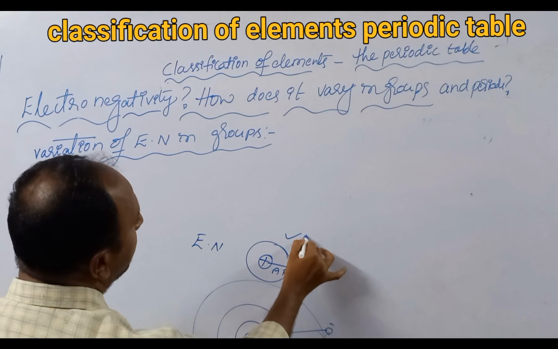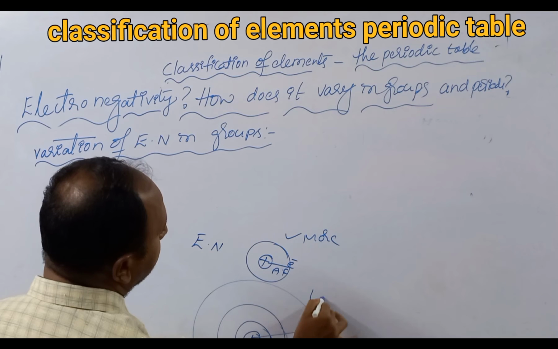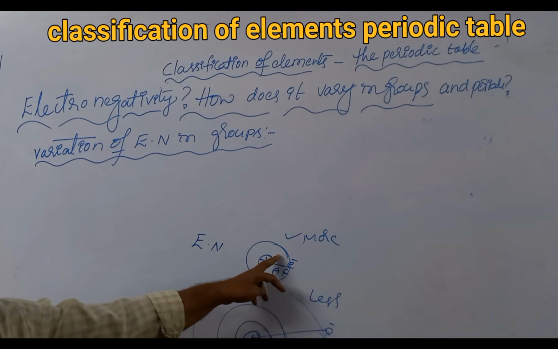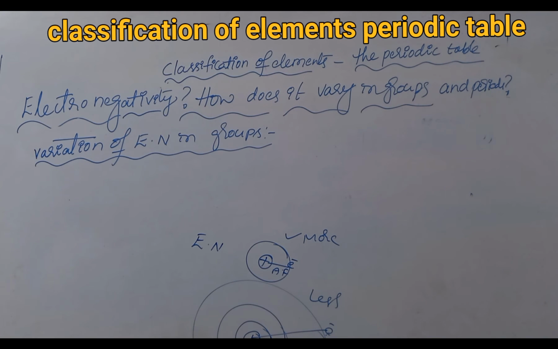In one case more attractive force is there, in the other less attractive force, because in one the atomic size is bigger and in the other it is smaller. When the atomic size is bigger, the nucleus cannot attract the electron from the outermost shell with a great force.